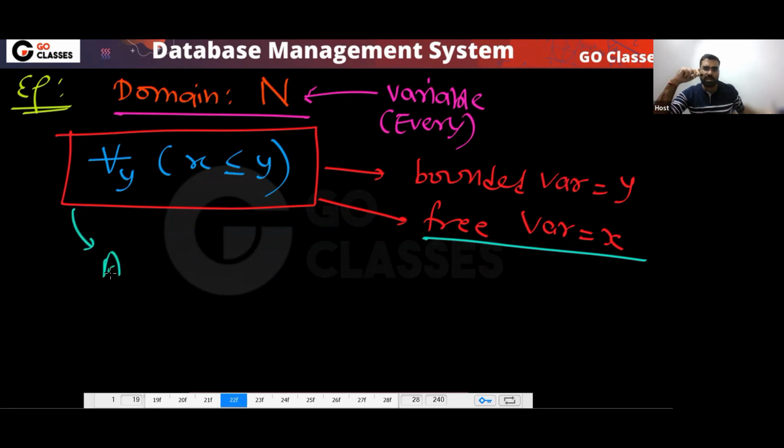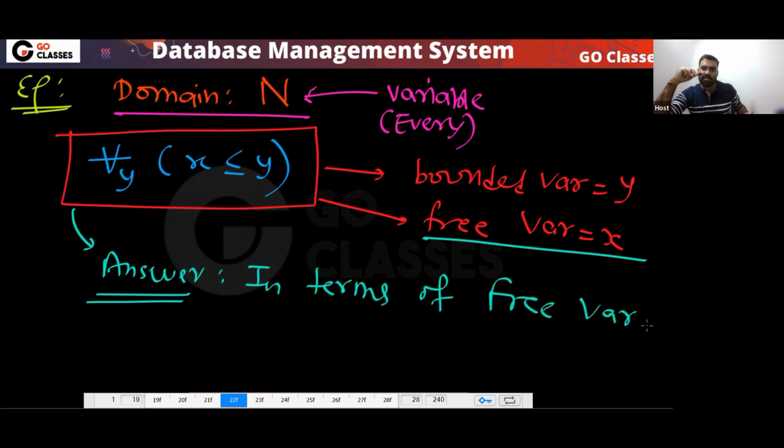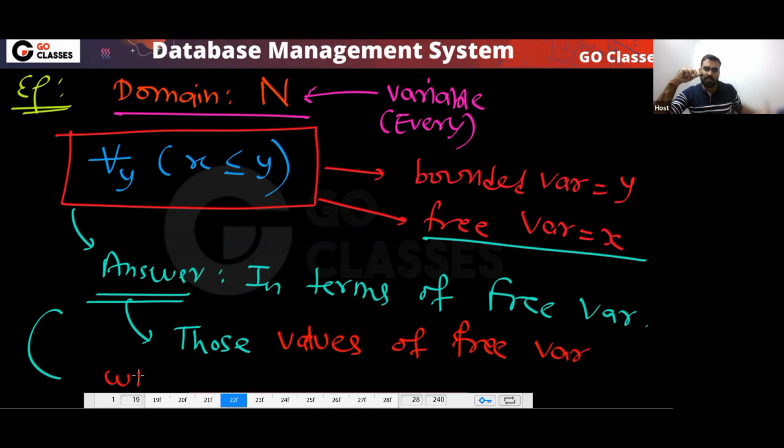Your answer will be those values of the free variable which satisfy this. Let's call it S. So I can say the values which satisfy this S. Is this clear?